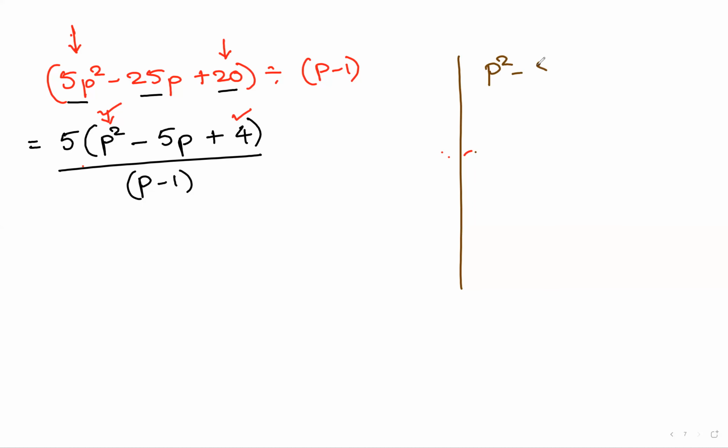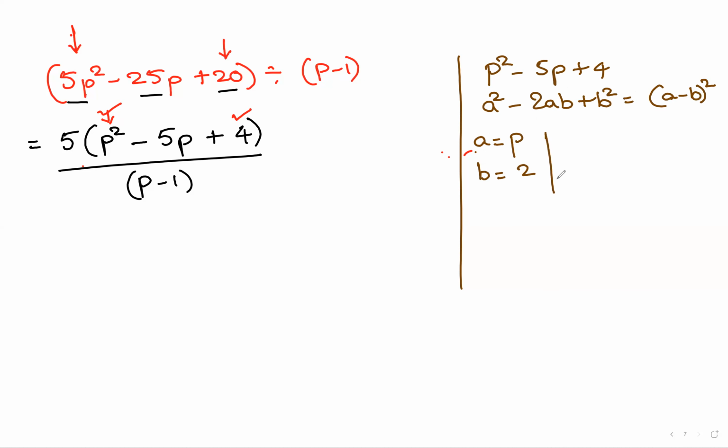P square minus 5p plus 4. It can be written as a square minus 2ab plus b square. It can be written as a minus b whole square. Is it right? And what is a? P. What is b? 2. 2 square, right? So it is 2.